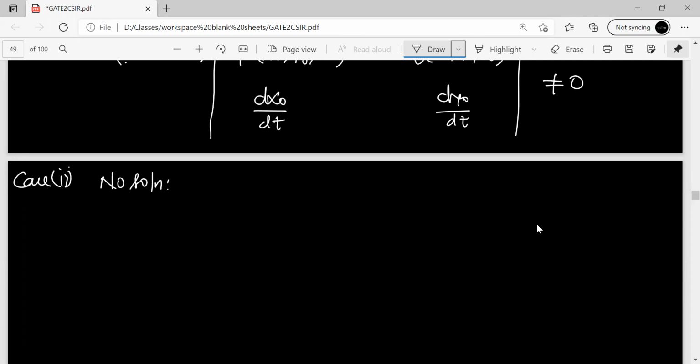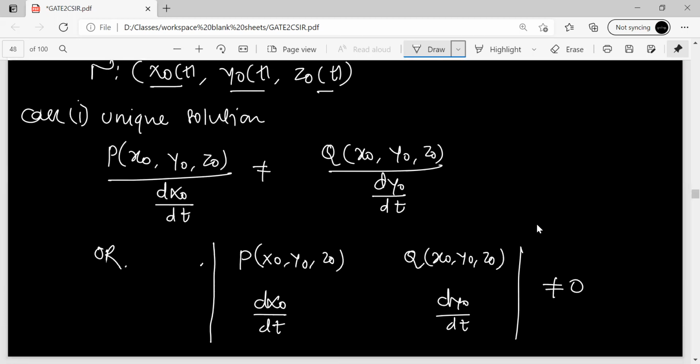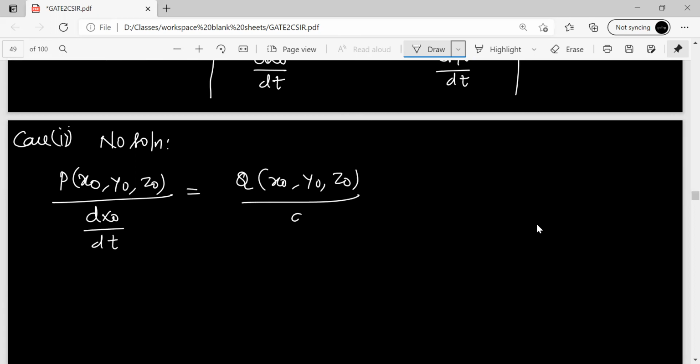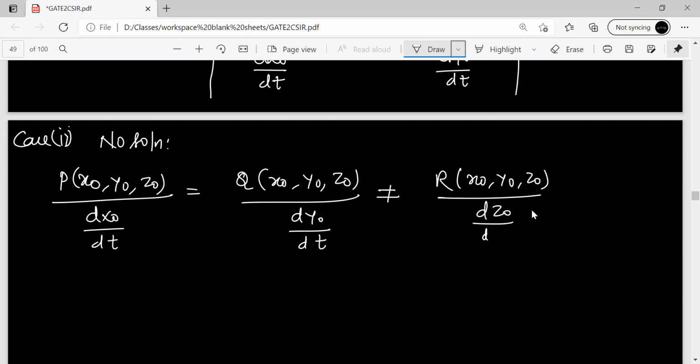Suppose it happened that you found these two ratios equal: p of x naught, y naught, z naught upon dx naught over dt equals q of x naught, y naught, z naught upon dy naught over dt, and these two are equal, but it is not equal to r of x naught, y naught, z naught upon dz naught over dt. Okay, in that case you will get no solution.